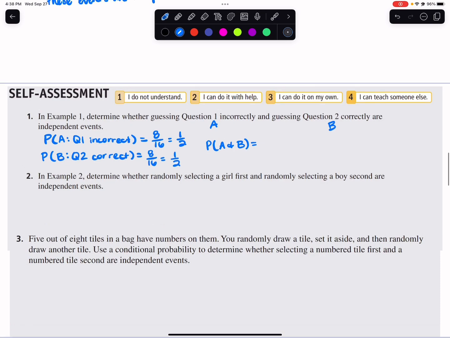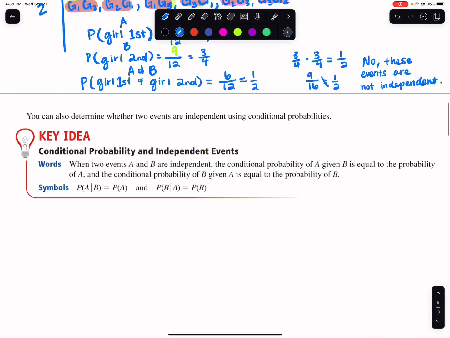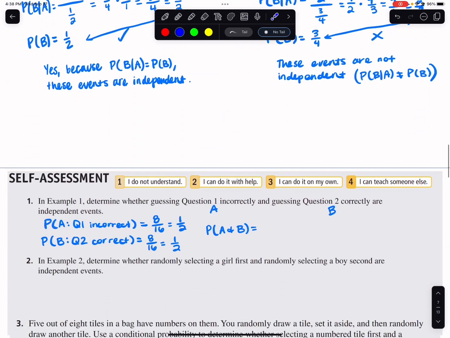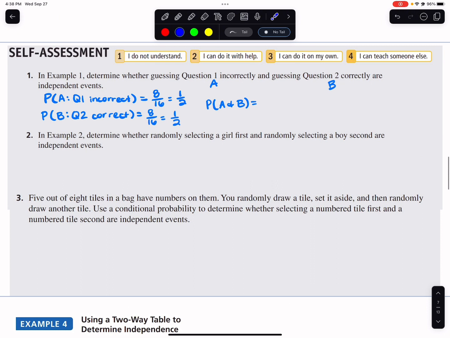So all my ones were question 1 is incorrect and question 2 is correct. So I'm looking where I have an IC to start. So 1, 2, 3, 4. So 4 out of 16 have both question 1 incorrect and question 2 correct.